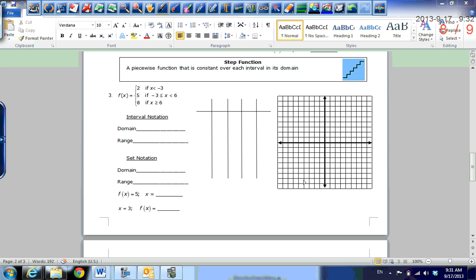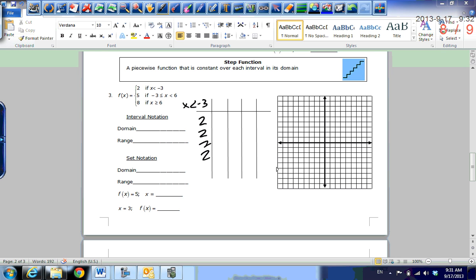What our picture is going to look like, I'm going to do a rough sketch, don't draw this, it's going to look something like that. You've seen that before when doing domain and range. Alright, so it says for everything smaller than -3. So what's smaller than -3? -4, -5, all that stuff. So I'm going to write it right here. x is less than -3. All my y values are going to be 2. So everything smaller than -3, all my y's are going to be 2.